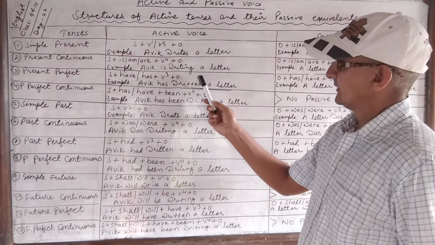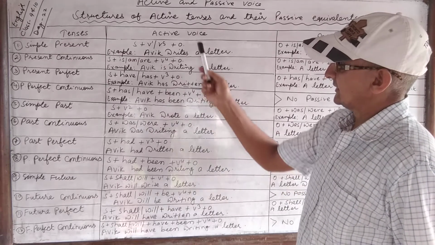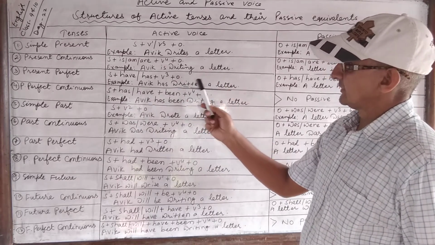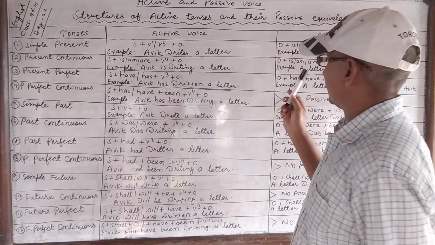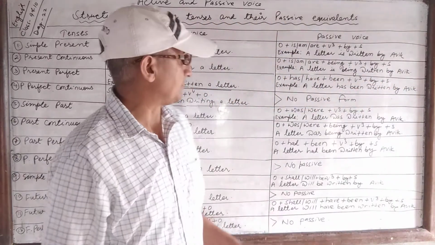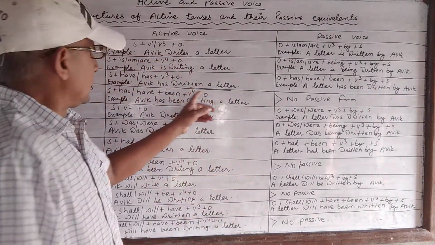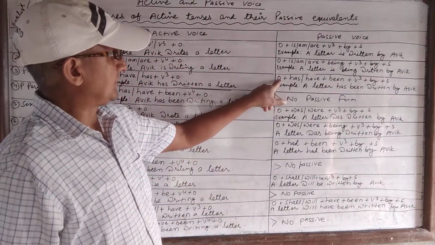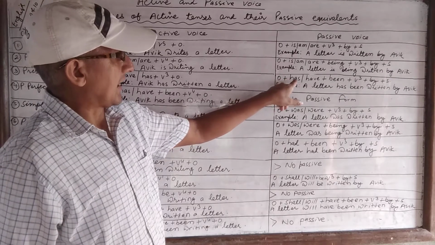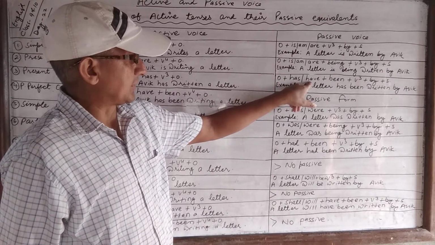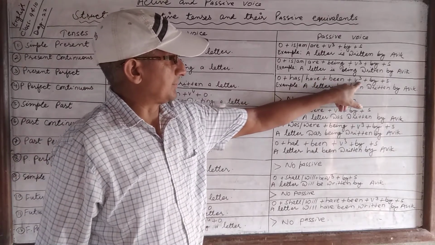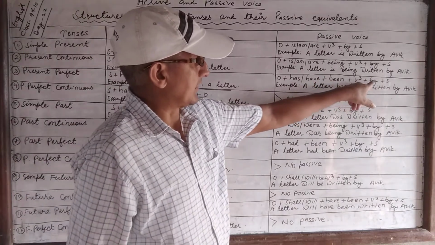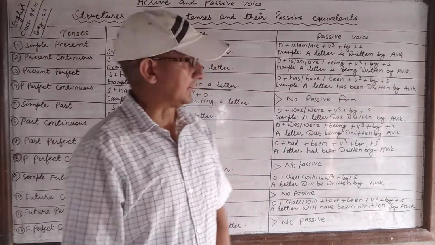Now to change this active voice of present perfect tense into passive, the passive equivalent is object, after object has or have, after has or have we use been, and the past participle form of the verb V3 plus by and subject.